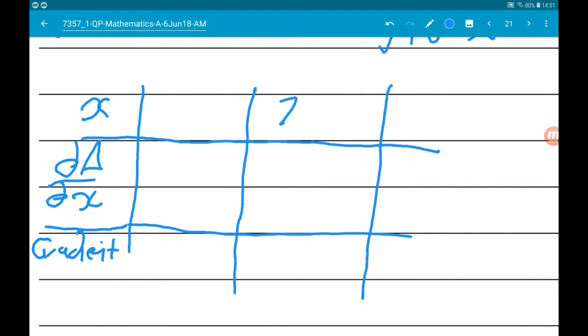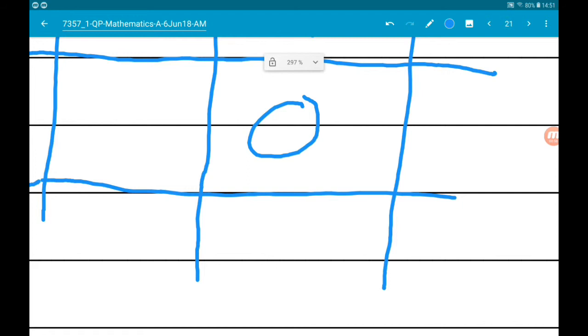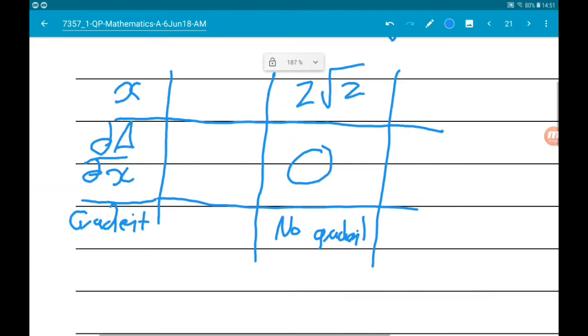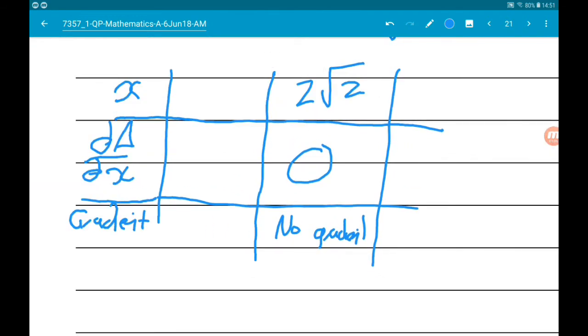So we know that when x is 2 root 2, dA by dx is equal to 0. So there is no gradient. Now, 2 root 2 is roughly 2.8.